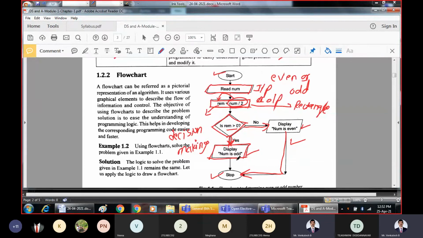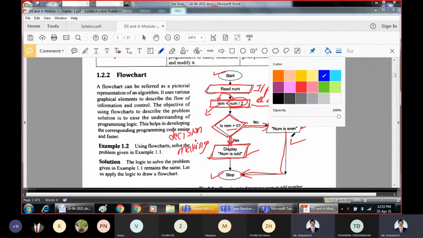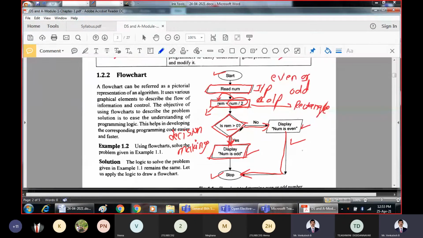In either case, only one condition will be true. You are not supposed to follow both the paths, because for the given number there are only two possibilities, either the number is even or the number is odd. That means you are supposed to follow either this path or that path, not both. So that is how the flowchart is used.